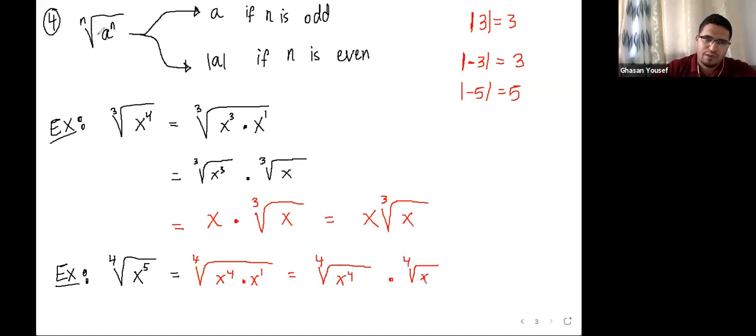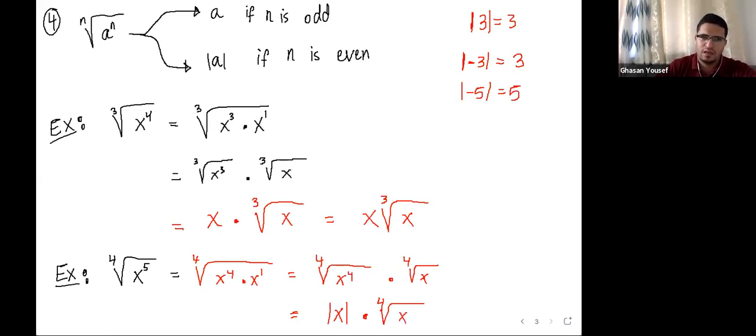Now going back to property number 4 to cancel the radical, n is even here, so I have to use the absolute value. So the answer is the absolute value of x times the 4th root of x.